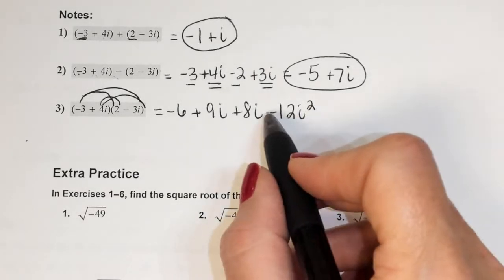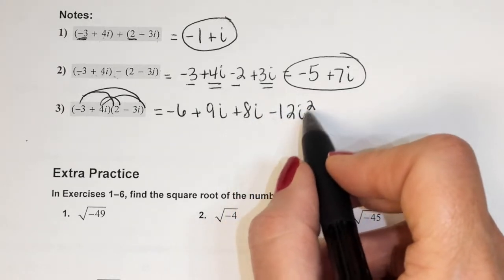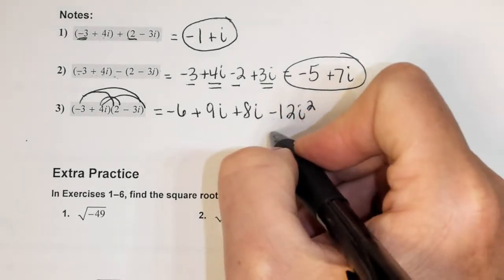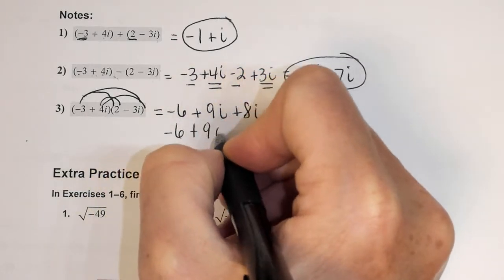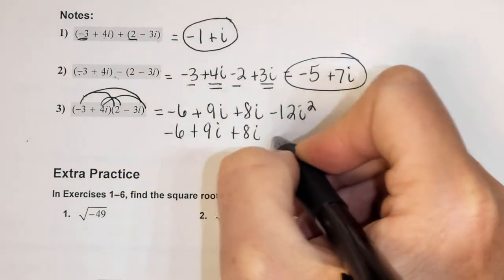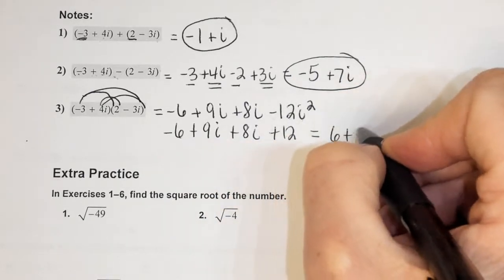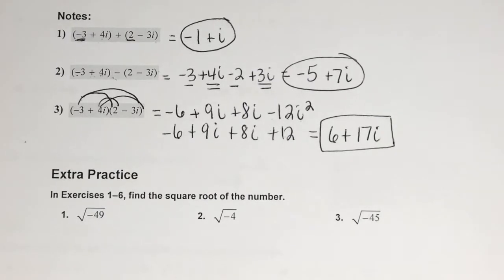Negative 1. So this is going to be negative 1 times negative 12, because i squared is negative 1. So what's this whole thing going to turn into? Go ahead, Ryan. What is it? 6 plus 17i. Okay, good. You are correct, because it's positive 12. So 6 plus 17i. Okay.